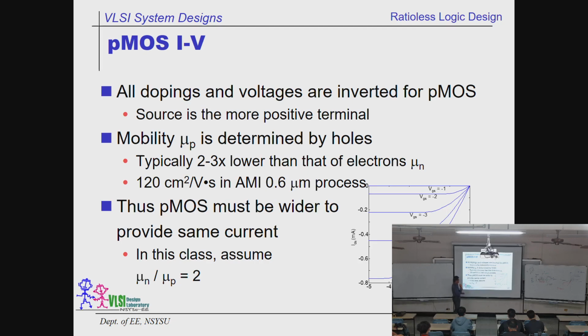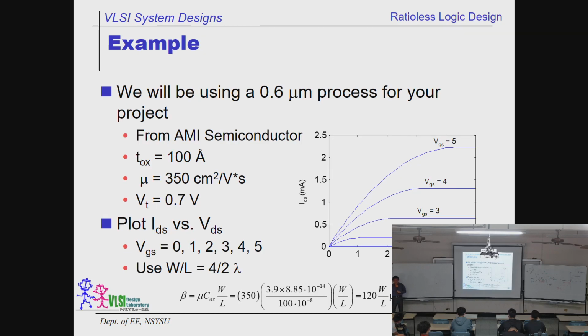All right? This is why. Remember this. The typical number here is 120 for the holes, and let's check, it's 350 for the electrons. It's about 3 times. So the textbook suggests at least 2.